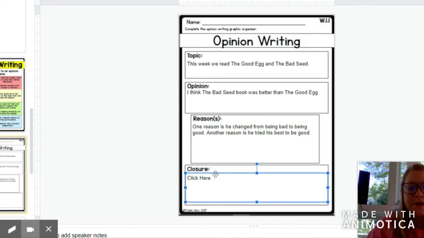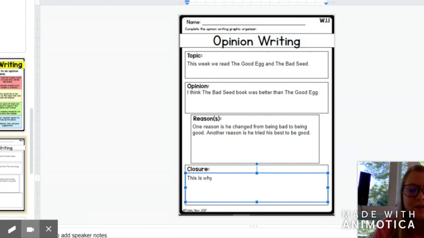So the last part is to write our closure or our conclusion. Now remember, we did have some sentence starters for that as well. So we can say, in conclusion, now you know, this is why. Today, I'm going to pick this is why as my sentence starter. And then I just need to rewrite what my opinion was.